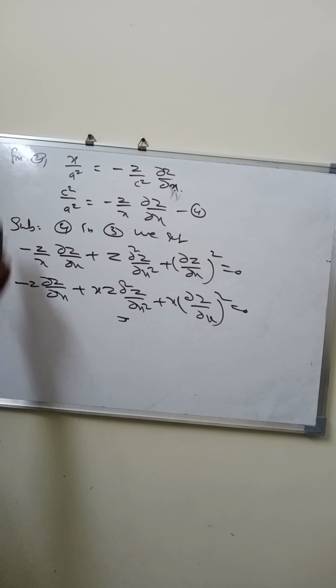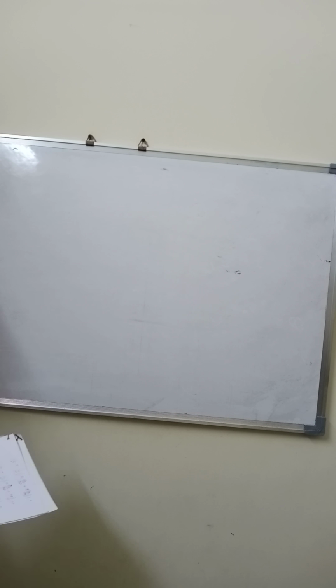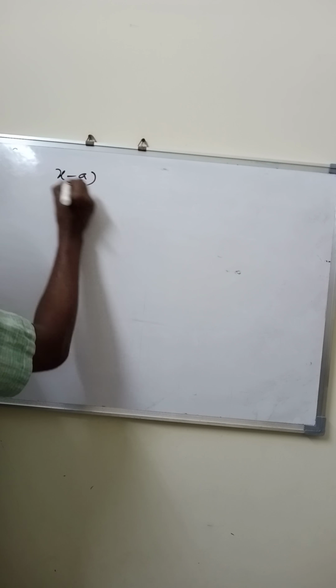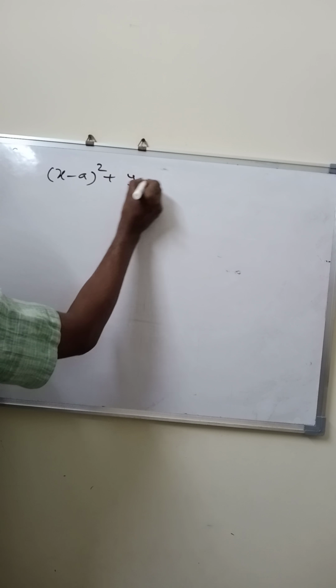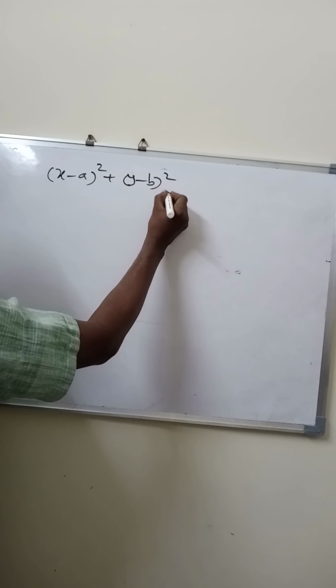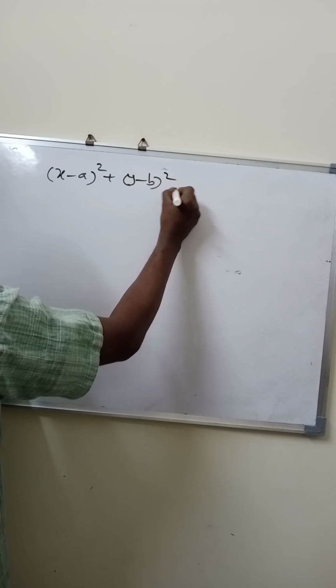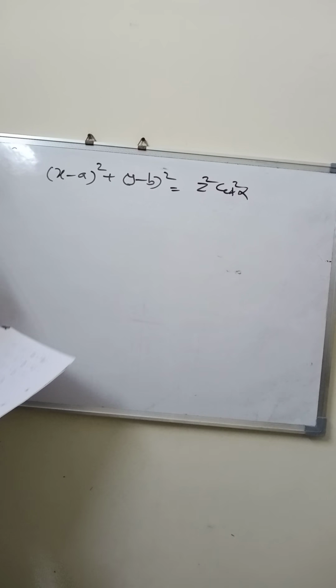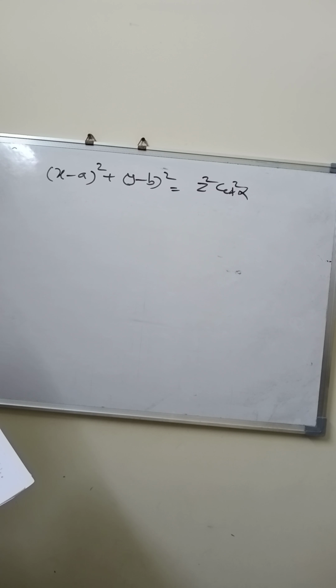Next problem. Form the partial differential equation by eliminating the arbitrary constants from x minus a the whole square plus y minus b the whole square equal to z square cot square alpha, where alpha is a constant and alpha is fixed.